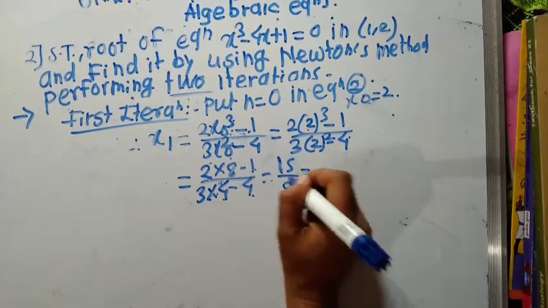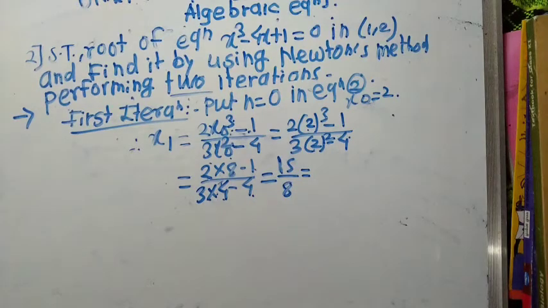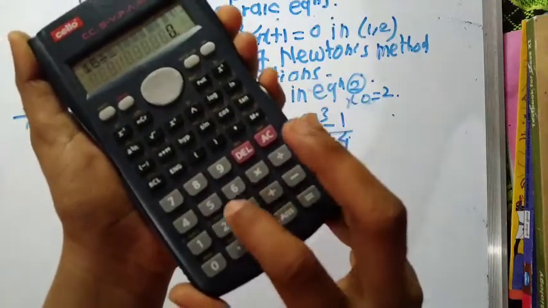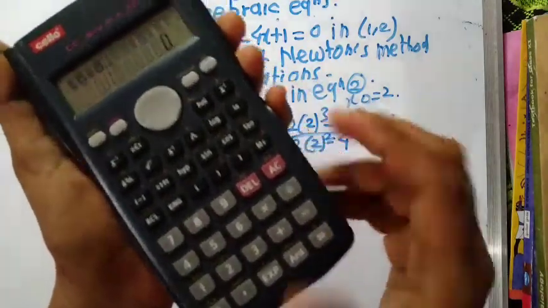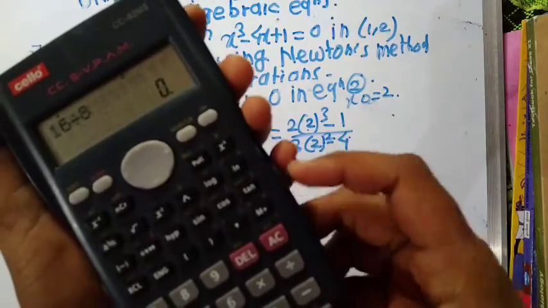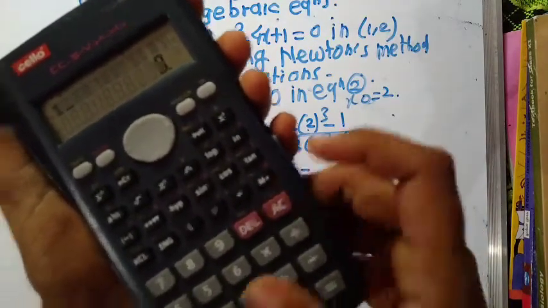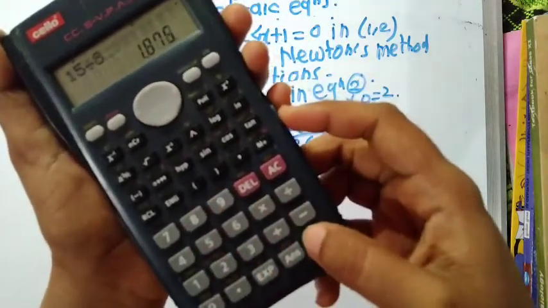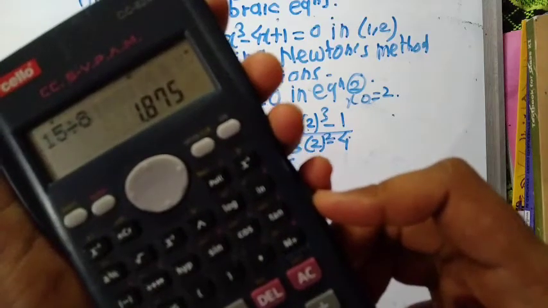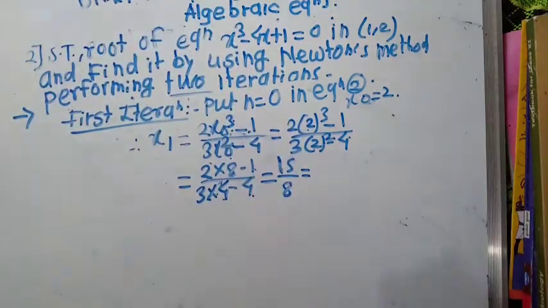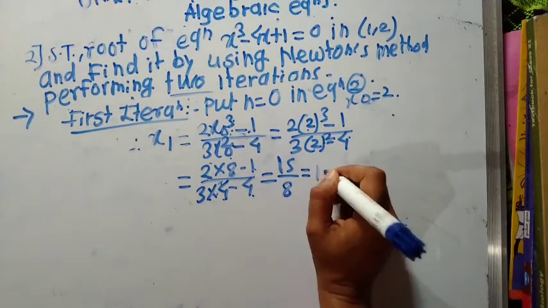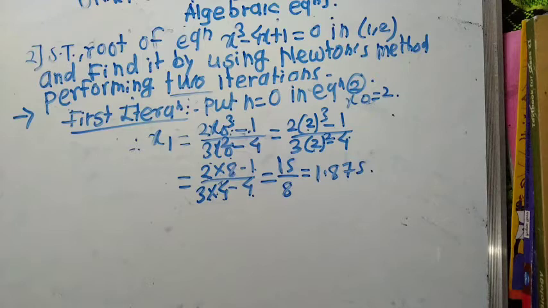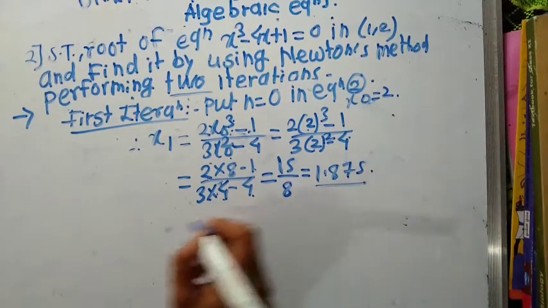So 15 divided by 8 is 1.875. It is first iteration.